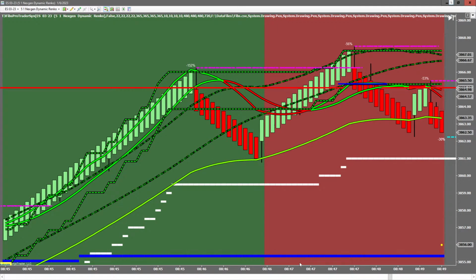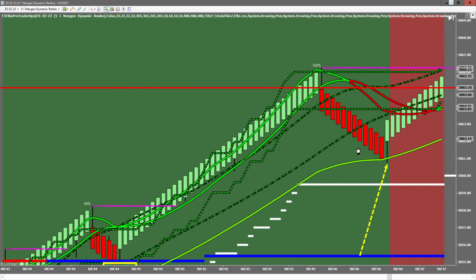Now, do you guys remember the trick that I gave you earlier about not getting in on the wrong side of your triggers? Even if you could go long, this is a difficult long trade when you're on the wrong side of your trigger lines. Because when you're going long, look what it looks like.